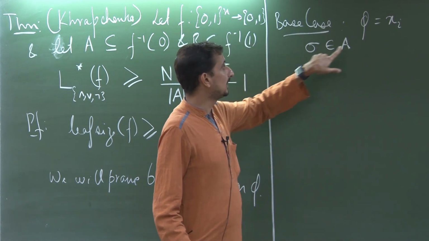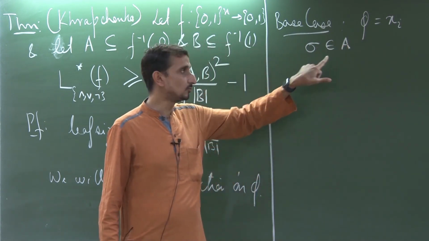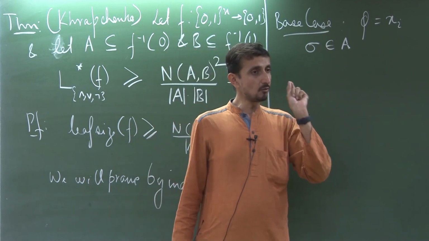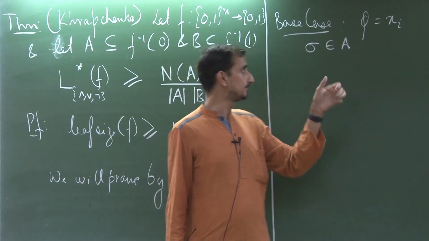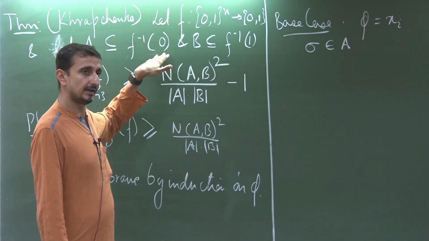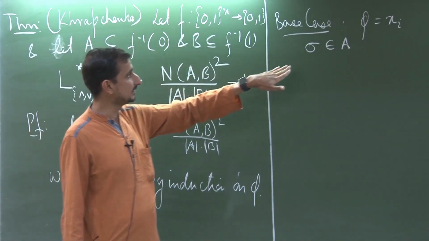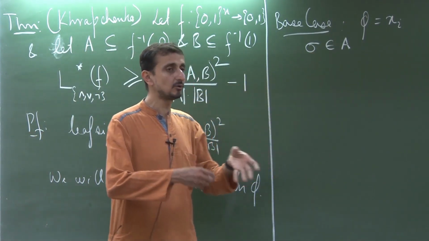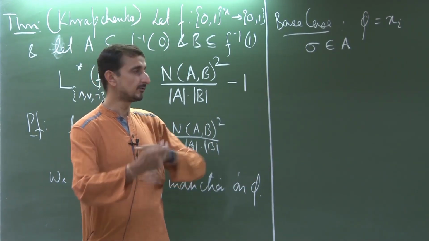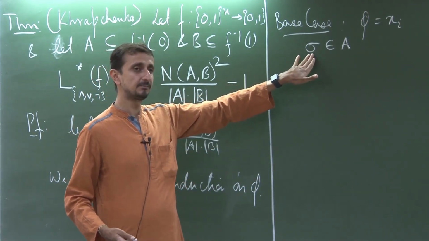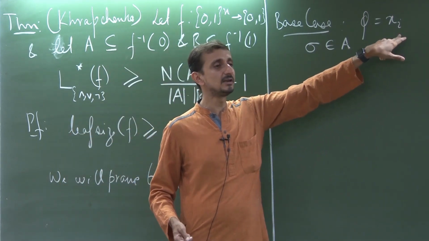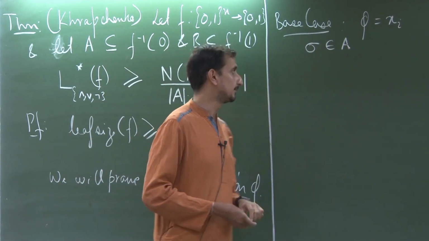Look at the variable x_i in sigma. That is the only position which can change. If sigma belongs to A, it is mapped to 0. If I want to consider another input which goes to 1 and differs from sigma in only one position, that can only be the position x_i, because that is the only thing affecting the output.